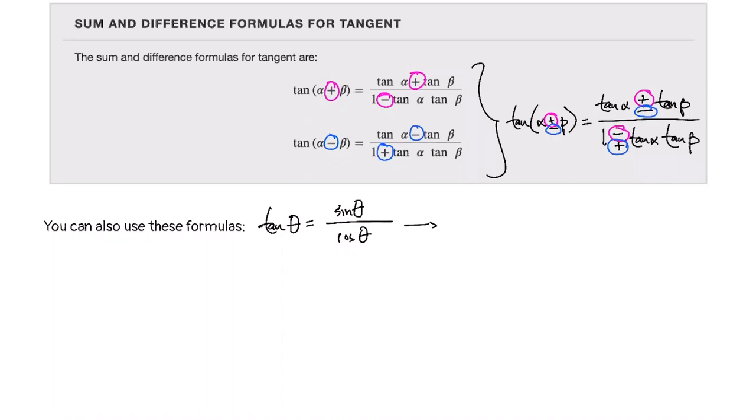So what I mean by that is tangent of alpha plus beta is going to equal sine of alpha plus beta over cosine of alpha plus beta. Does that make sense? I'm using the quotient identity, but I'm expanding it so that instead of having to memorize another formula for tangent, I'm going to cheat and use the formulas I already know for sine and cosine. Okay.